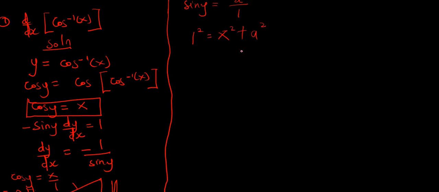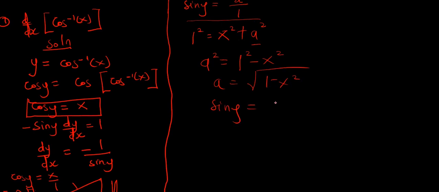Making a the subject, a squared is equal to 1 squared minus x squared, so a is the square root of 1 minus x squared. This is our sine y. So sine y is the square root of 1 minus x squared all over 1, which is the same thing. Now we have sine y in terms of x.